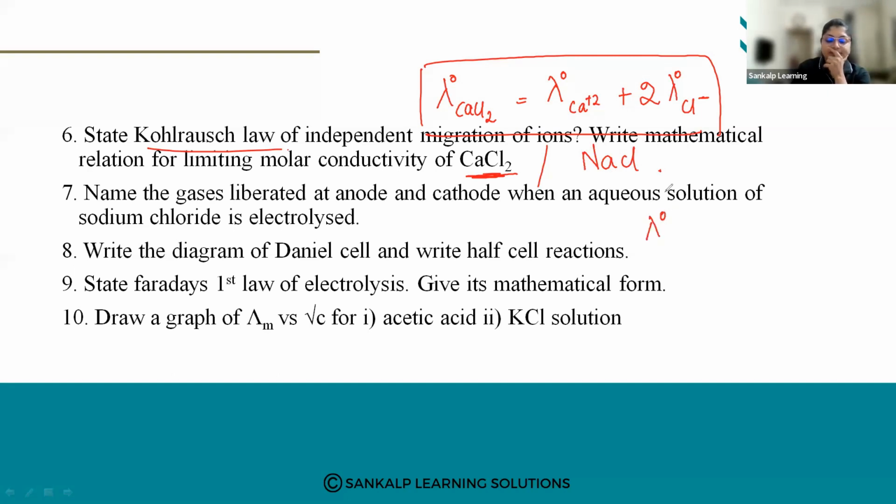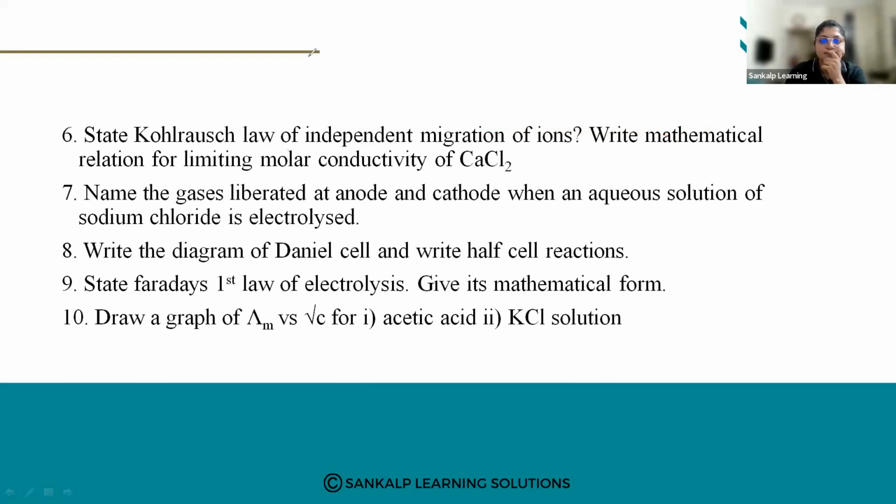Lambda naught of NaCl is equal to lambda naught of Na plus and lambda naught of Cl minus. So like this. I hope it is clear. So moving further. Yes, Abhishek has answered it right. Good. Okay, so moving further, next question.